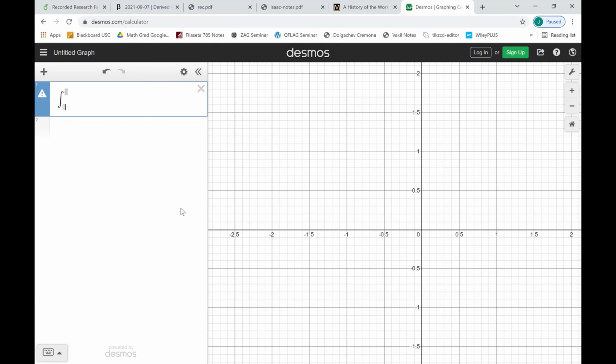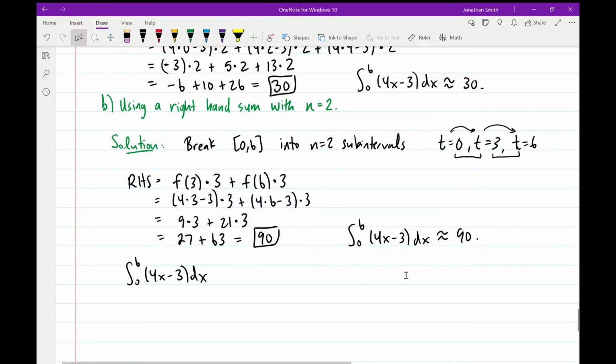So we integrate from 0 to 6, and we're integrating the function 4x minus 3, and now we put a dx so that Desmos knows we're integrating with respect to x, and Desmos will just pop out 54 for us. So if I go back, I can say that the actual value of this definite integral is 54.